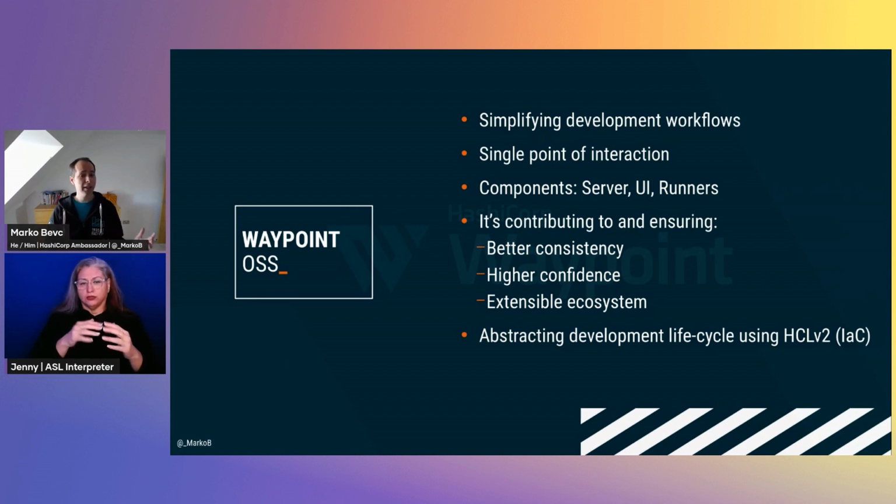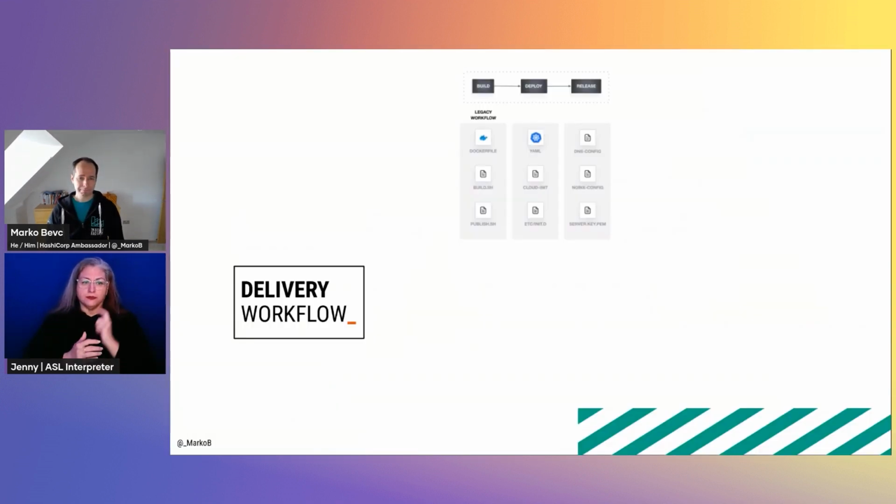It does all of this by abstracting the development lifecycle using HCL v2, which we all love and use on a daily basis, especially if you are embedded in the Hashi stack already and are using one of the tools. They mostly use HashiCorp Configuration Language, which is quite readable and easily understandable, even if you don't have a massive amount of experience with it. So that was the Waypoint OSS version.